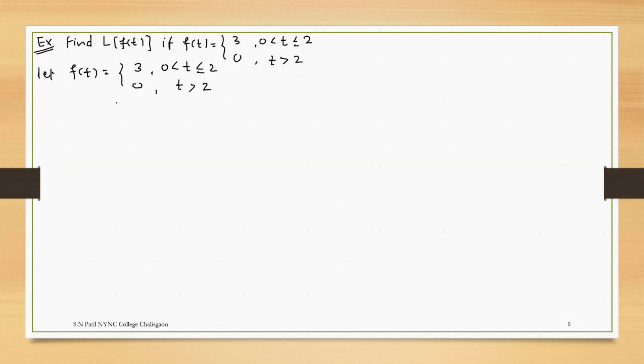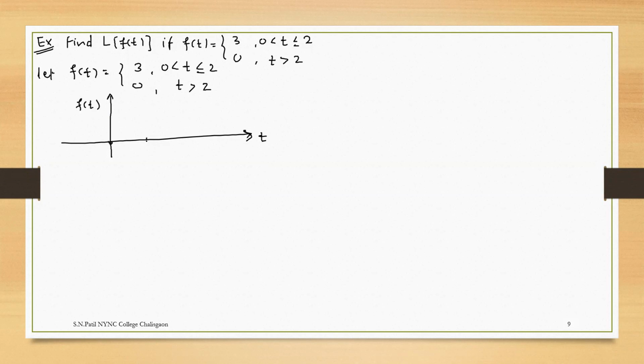Now see, the interval is divided into two parts. If we trace its graph, this is the t-axis, and this is its image, that is f of t.